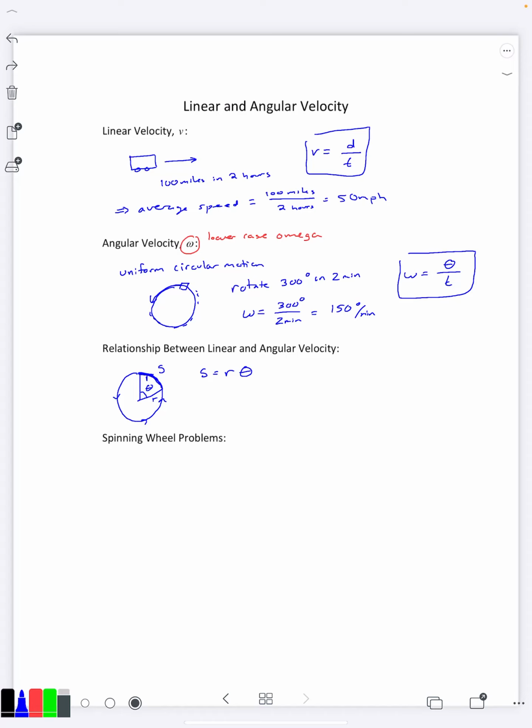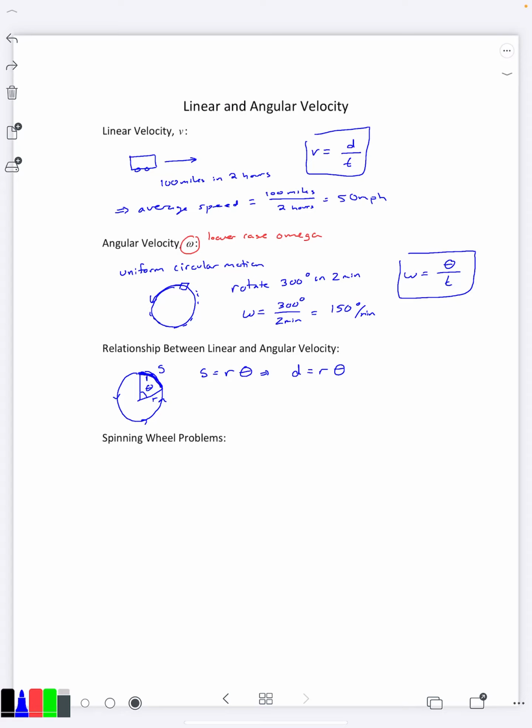Or in general, if I want to say this s is the distance we're traveling, the actual distance here, then I can say d equals r theta. And now I'm going to say theta is the total angle we traveled, d is the total distance we traveled.